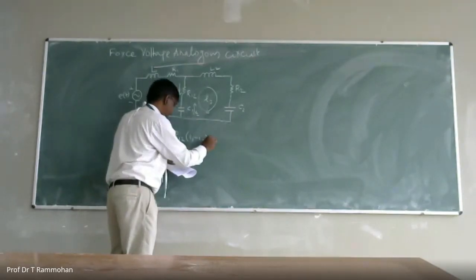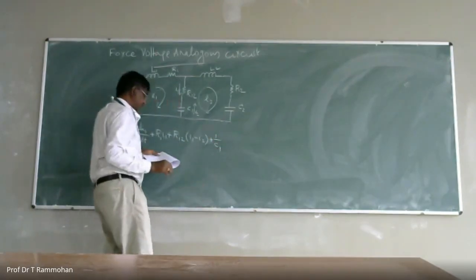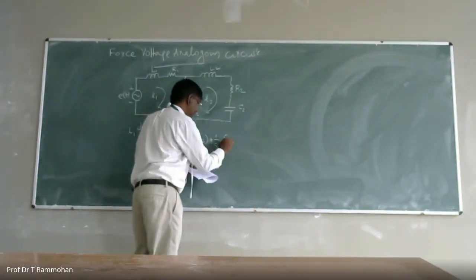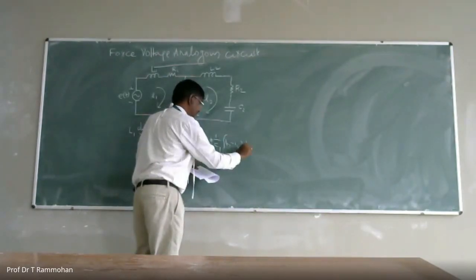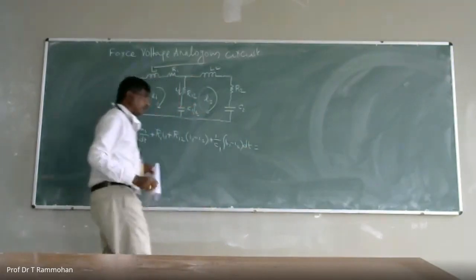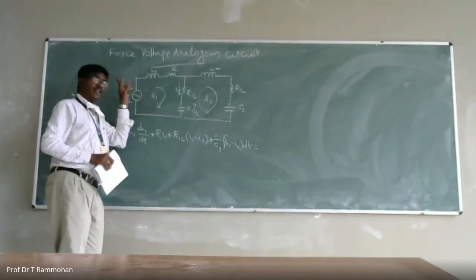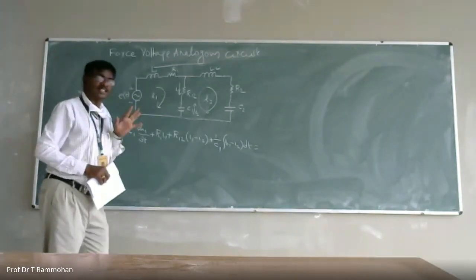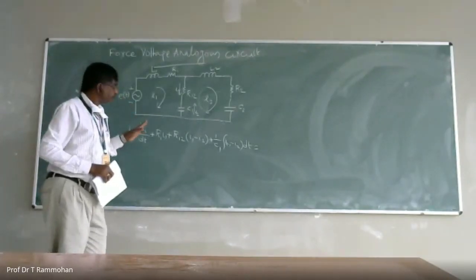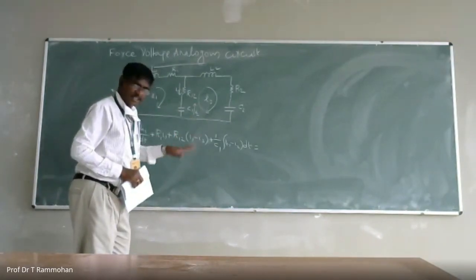R12, and C1, 1 by C1 integral of I1 minus I2 dt is equal to, please listen. In the mechanical translational system, when we write the force balance equation using Newton's second law, we consider the opposing force by each element.